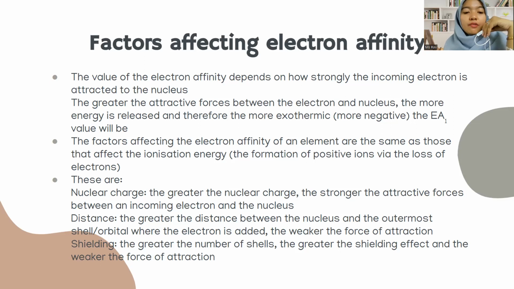Number two, the factors affecting the electron affinity of an element are the same as those that affect the ionization energy, or the formation of positive ions via the loss of electrons.